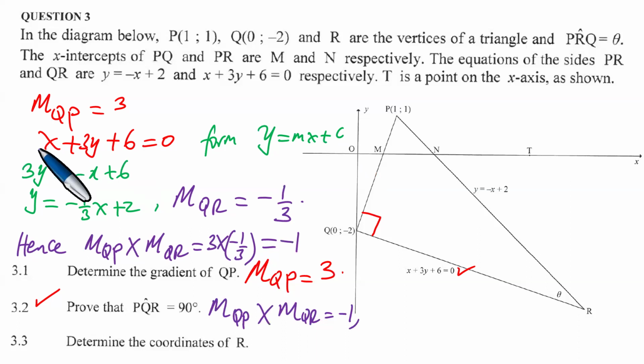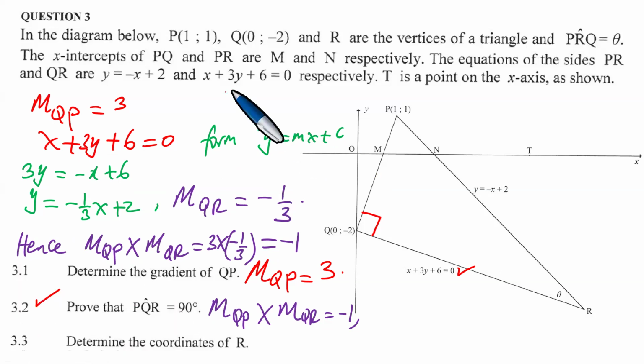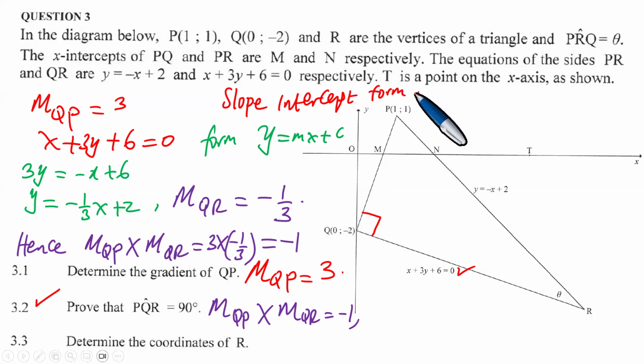And if the equation of a line is written in this form, it is called the slope-intercept form of the equation of a line.